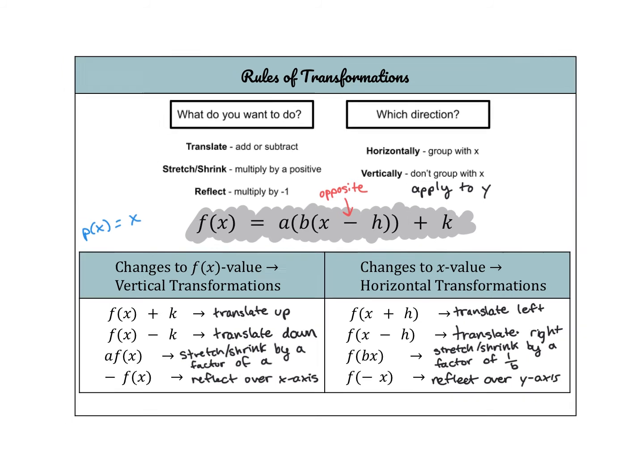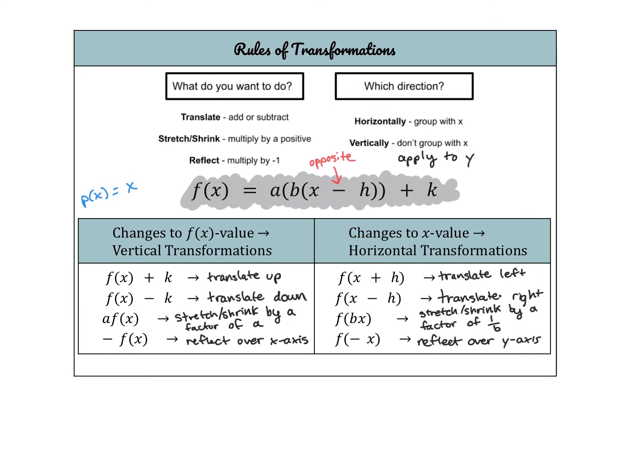Now let's really quick talk about that stretch or shrink. We call something a stretch if the stretch factor is greater than 1. So if it's by a factor of 2, we would call it a stretch. If it's by a factor of 3, we would call it a stretch.